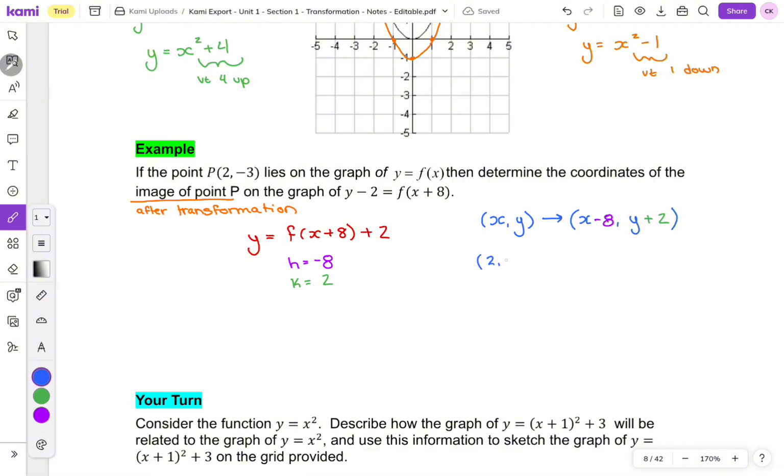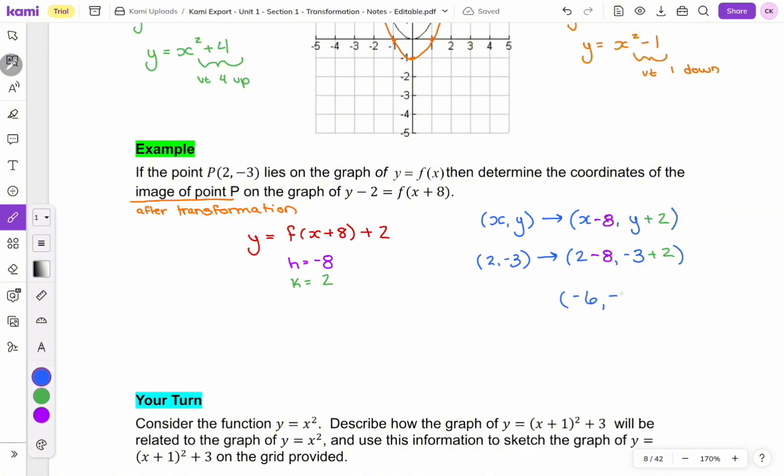So we have (2, negative 3) was our parent. So now we're going to have 2 minus 8 and negative 3 plus 2. 2 minus 8 is negative 6.